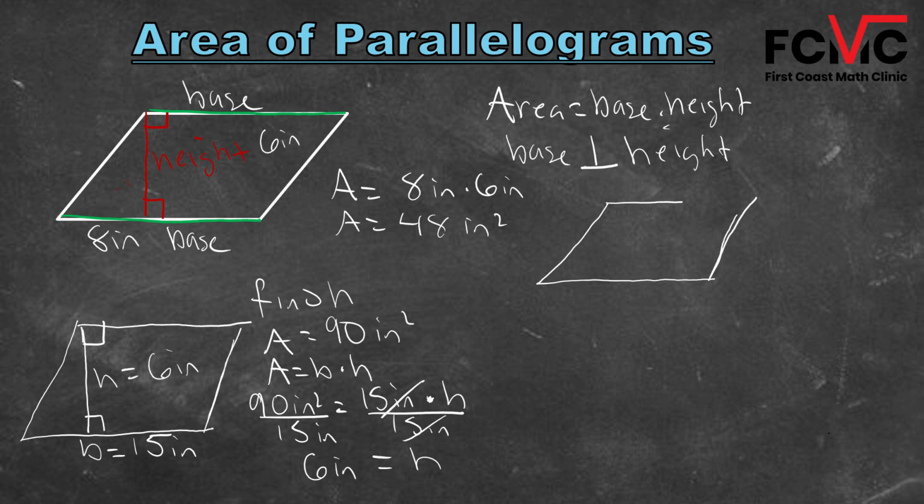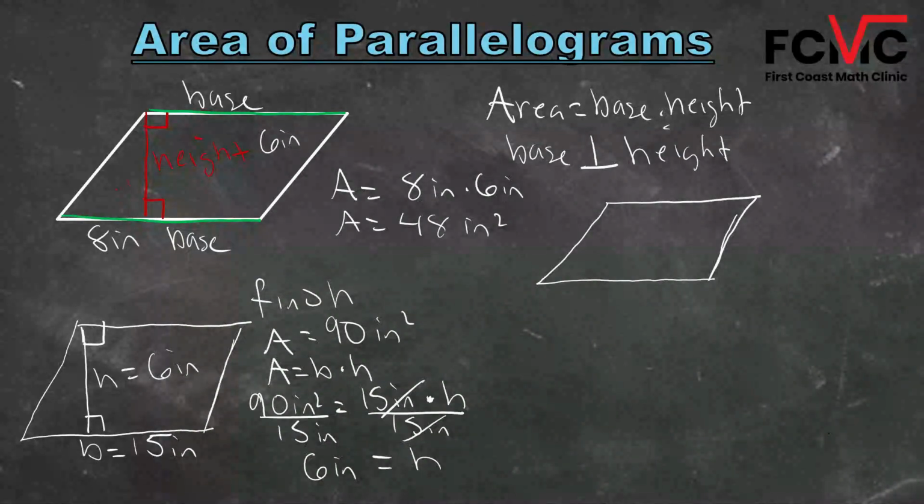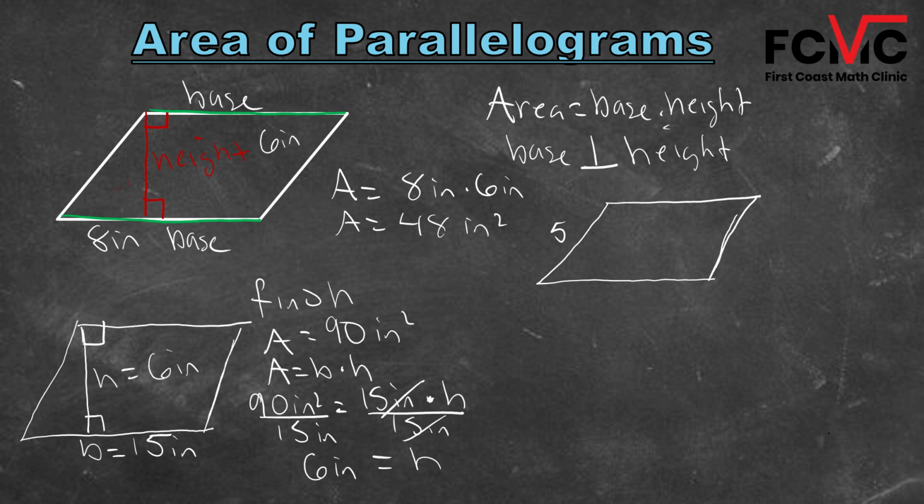Let's do one more example. You sketch this in up here. So let's say for this parallelogram, we know that this side is 5. We've got our height here, which is perpendicular to the bases, and we know that our height here is 4.